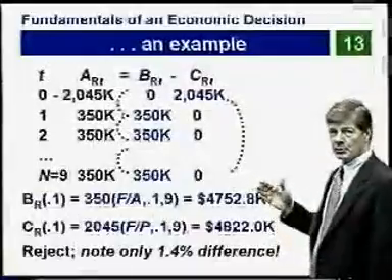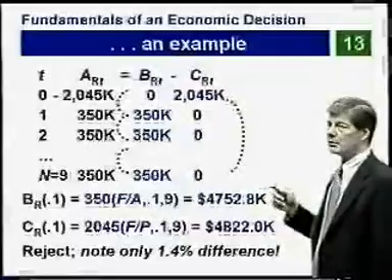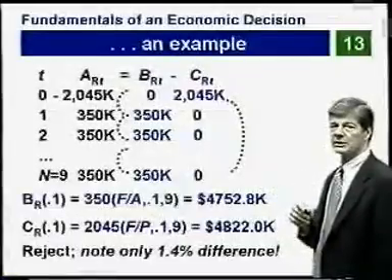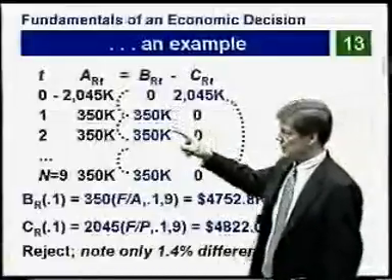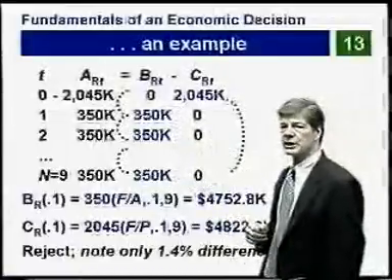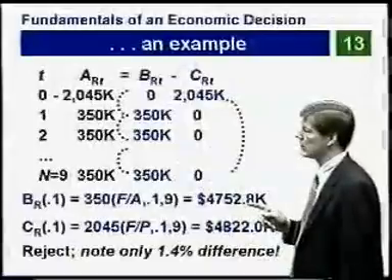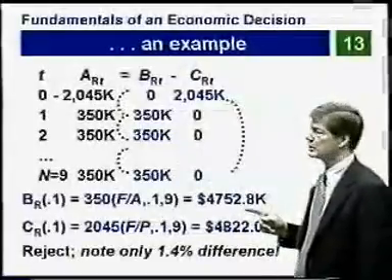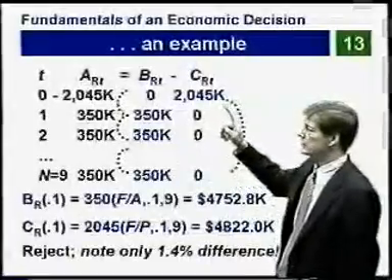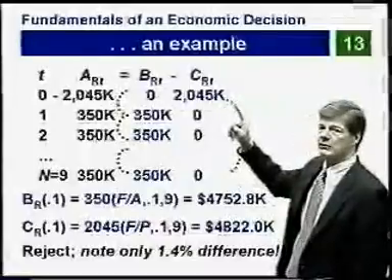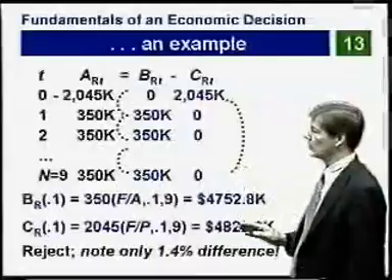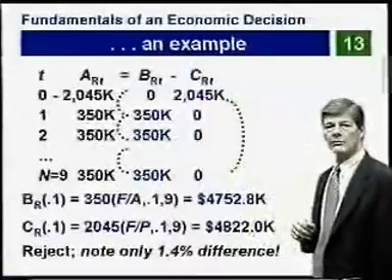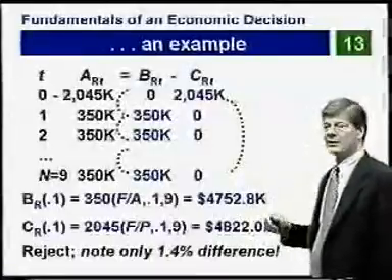Obviously, I will be better off economically by not investing in these robots. That is, investing these savings each year for the next 9 years produces a future amount that is less than if I took that $2,045,000 and invested it elsewhere at my minimum attractive rate of return, which would result in a greater future amount.